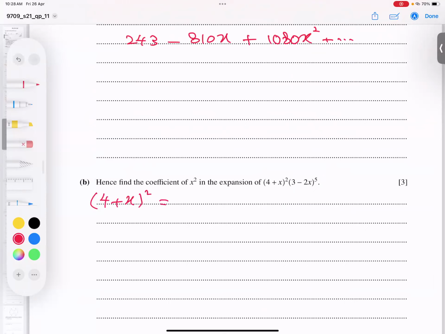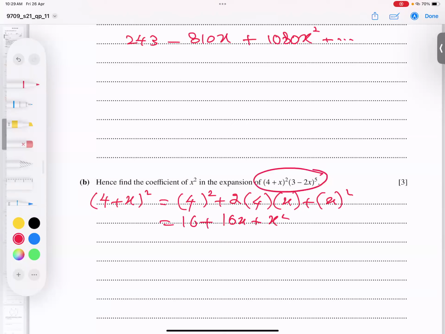You apply the binomial again, or write it 2 times multiplied, or apply the squaring identity. The first term squared comes here, so 4 squared, then the middle is 2 times the first term times the second term. I get 16, a 16x, and x to the power 2.